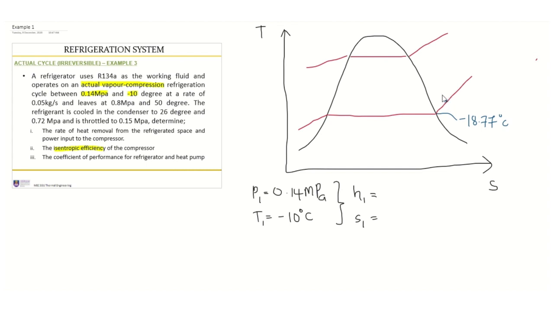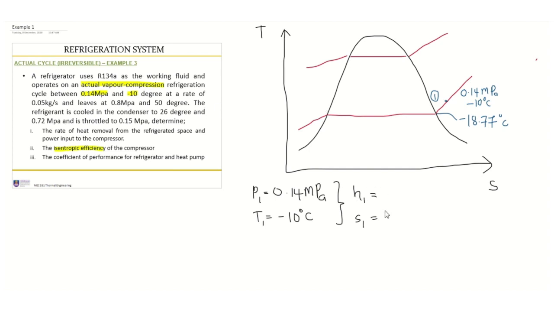So this is state number 1, not positioned on top of the saturation line. Okay, that's the first judgment. Now we know that state number 1 does not fall on the saturation line.